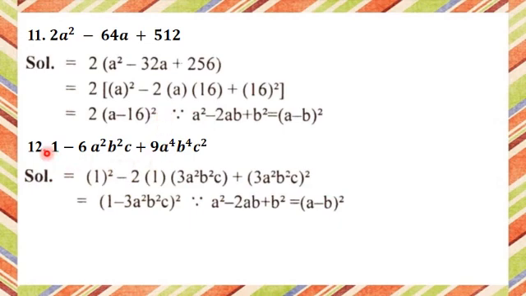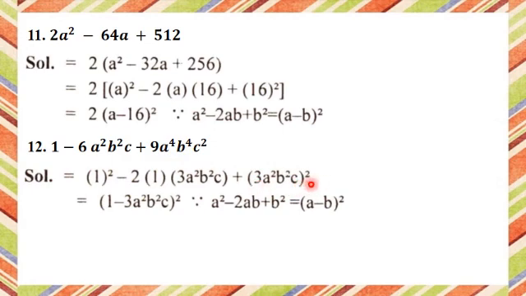And after that, number 12, 1 minus 6a square b square c plus 9a4 b4 c square. And we are observing that there is nothing common in all the three terms. And after that we are observing that 1 is a perfect square of 1, and 9 is a perfect square of 3, and a4 is a perfect square of a square. b4, for this I will write b square, and for the c square write c.